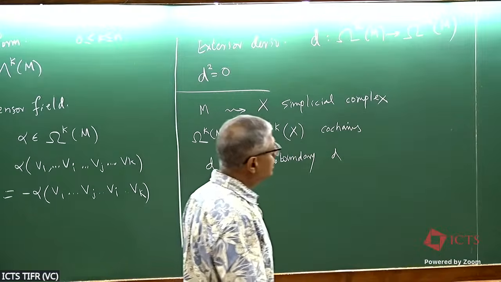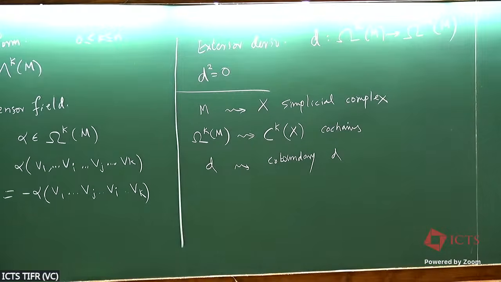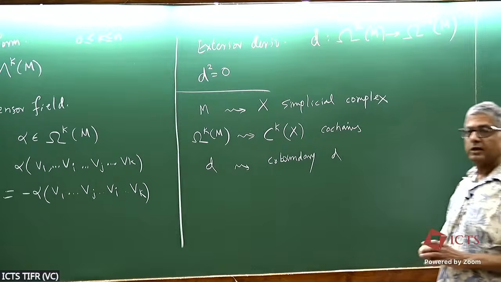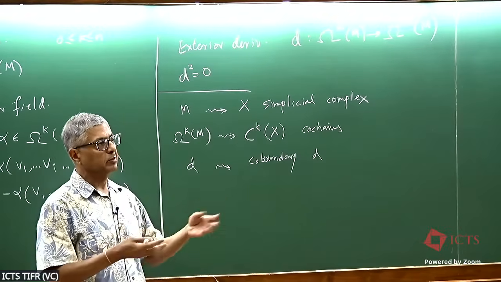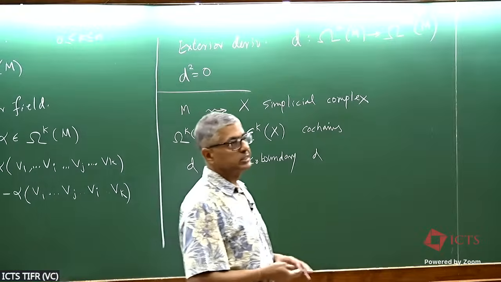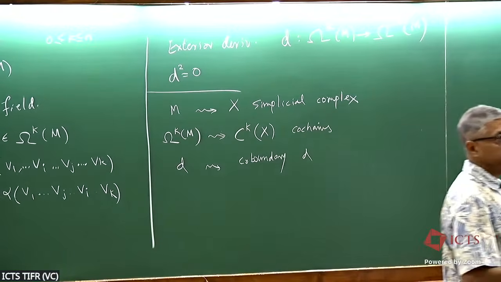So a simplicial complex. Let's start with that. This is something that you're all familiar with. First of all, there's a simplex. For all the people who do finite elements, a triangle mesh is a simplicial complex. A tetrahedral mesh is a simplicial complex.